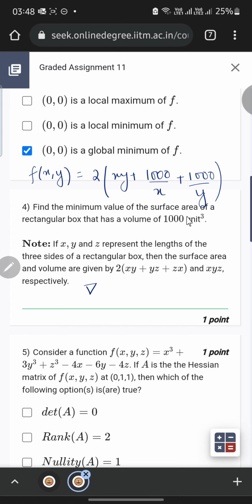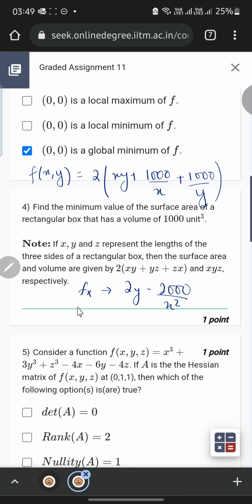Thank you for waiting. So first of all, we will be finding the gradient, as I told you guys. So to find f of x, that would be 2y minus 2000 upon x square.